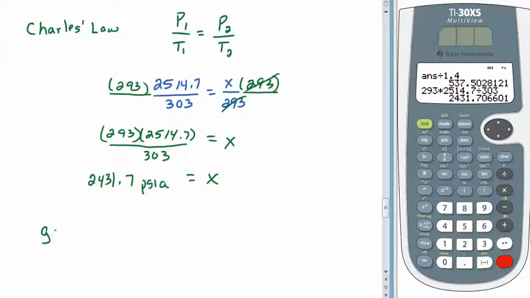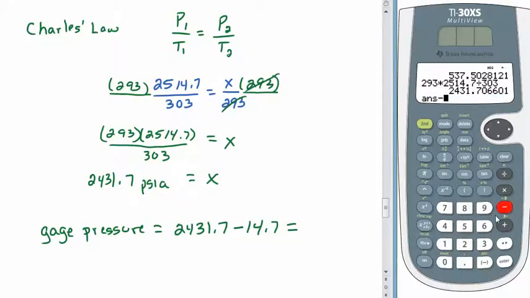So the gauge pressure is 2,431.7, but then we have to take out atmospheric pressure, oops, minus 14.7, subtract off, there we go, 14.7.